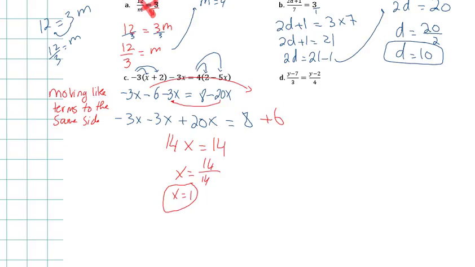What do I want to do here? You can, but there's an easier way. I have an equal sign, and I have two fractions. Say cross multiply, right?